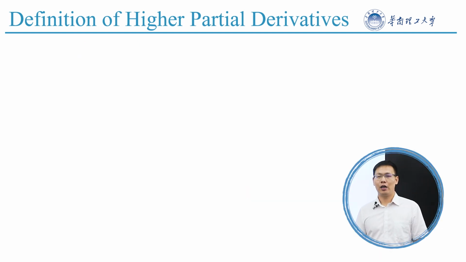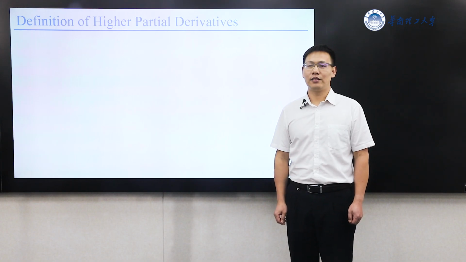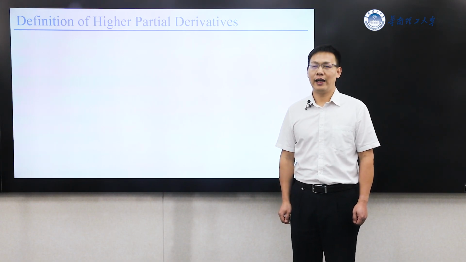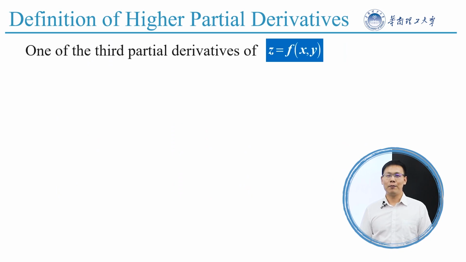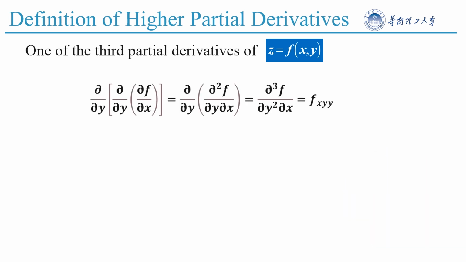Partial derivatives of the third and higher orders are defined analogously, and the notations for them are similar. For example, the third partial derivative of f, differentiating f partially first with respect to x and twice with respect to y, will be indicated by the following notations.